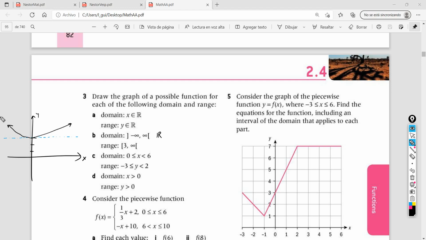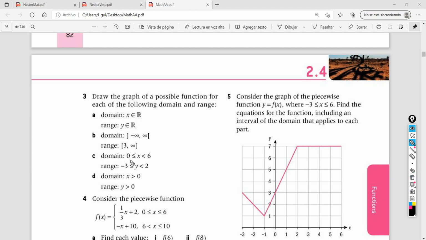And the same in the other direction. If I do this, I'm complying with the domain, which is from minus infinity to infinity. It's covering all the x-axis, but the range only goes from 3 to infinity, right? So that's it. You can draw something like this. You can also draw different things, right? But this is what I drew.